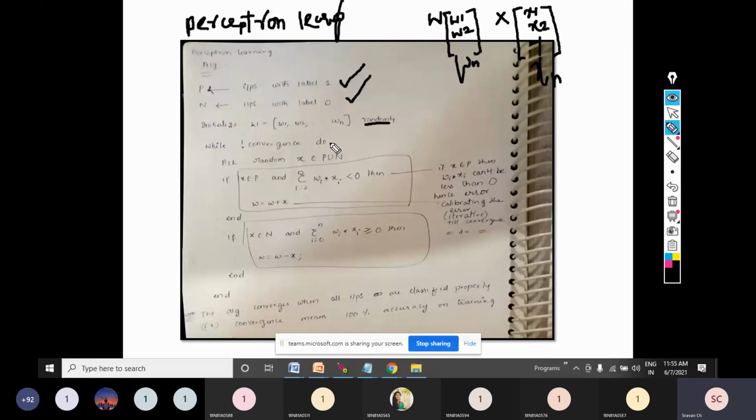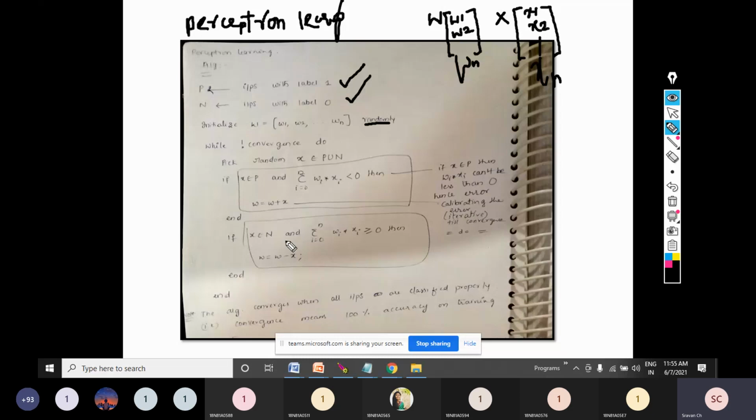Slowly I try to minimize that error and bring both of them very close to each other, such that at one point I don't find any difference. Then I say my perceptron or neural network is working properly. Every neural network has to converge. As long as it is not converging, I need to repeat this process.